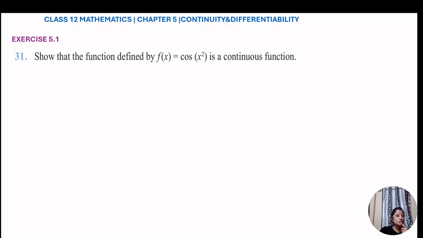Okay. So as you can see, what we have to show is that f of x defined as cos x square is a continuous function.